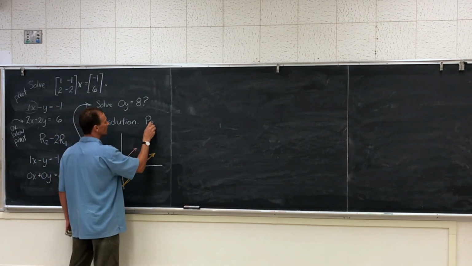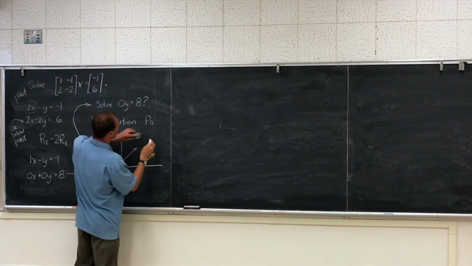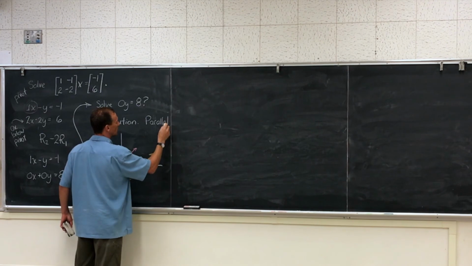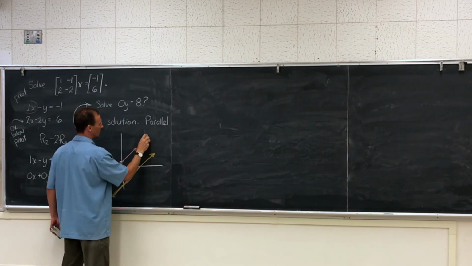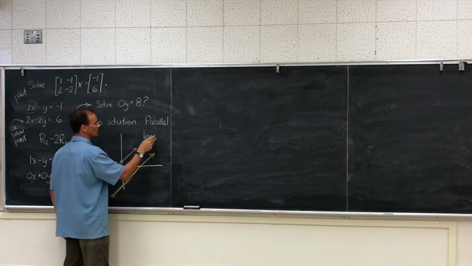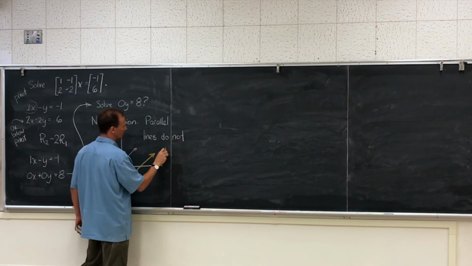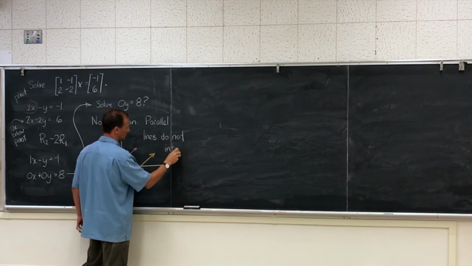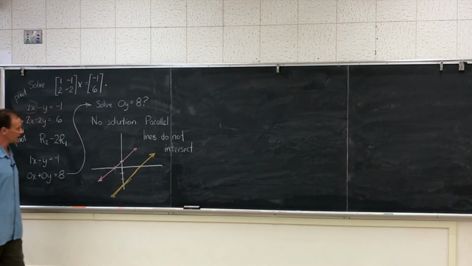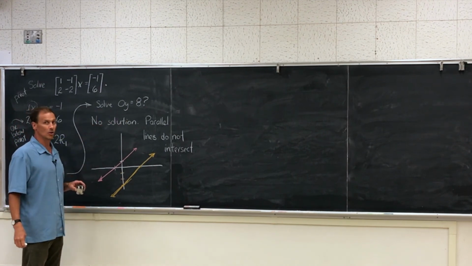So these are parallel lines. And when there's no solution, it means it's because they do not intersect. Okay? Parallel lines do not intersect. And that is the way the math expresses no intersection.